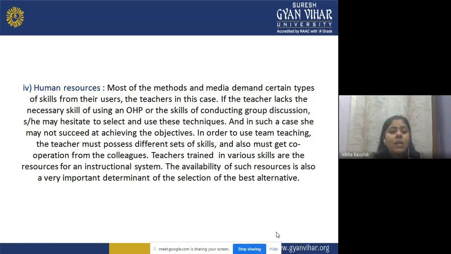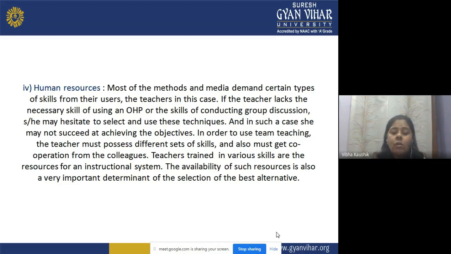And in such cases, she may not succeed in achieving the objectives. If I do not know how to use an OHP, then I will not be able to achieve that particular objective. If I select team teaching for a particular topic, the teacher must possess a different set of skills and also must get cooperation from colleagues. In team teaching, I have to include 4 or 5 teachers in teaching that topic.